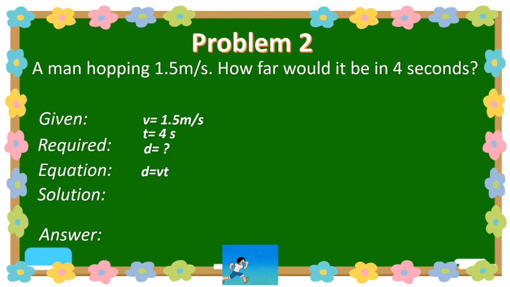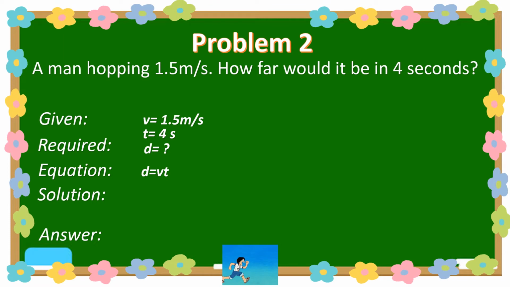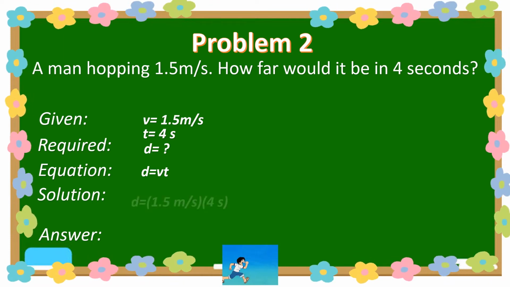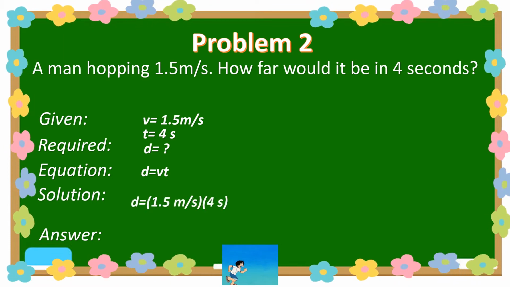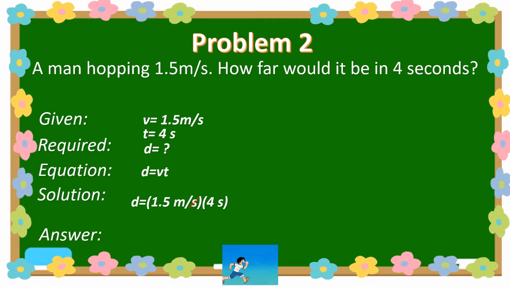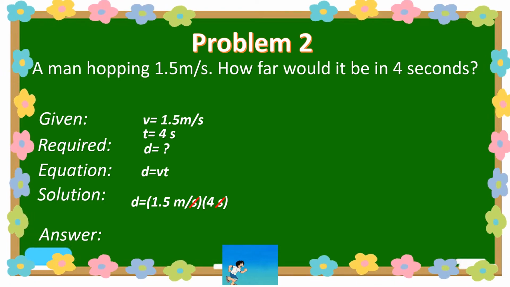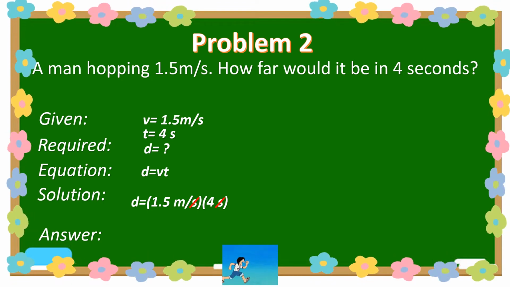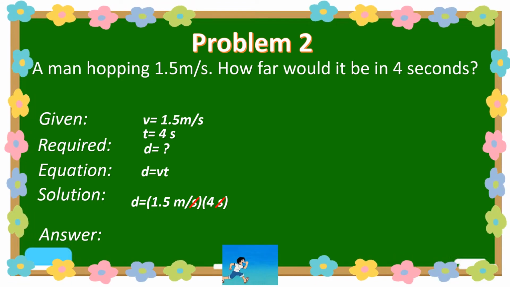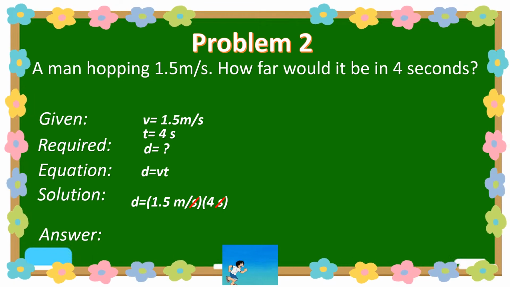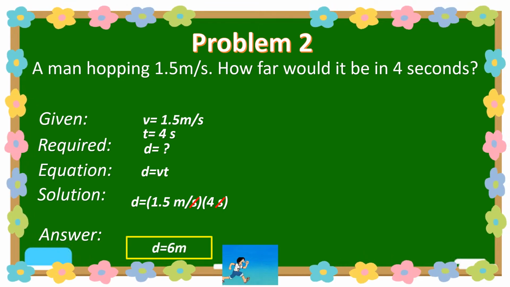Then, substitute the value of speed, which is 1.5 meters per second, times 4 seconds, which is the value of time. Then, cancel seconds to get the unit meters. Okay? So, 1.5 times 4 is equal to the distance, which is 6 meters.